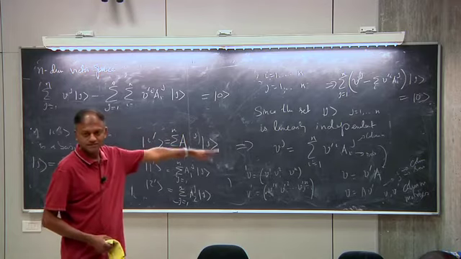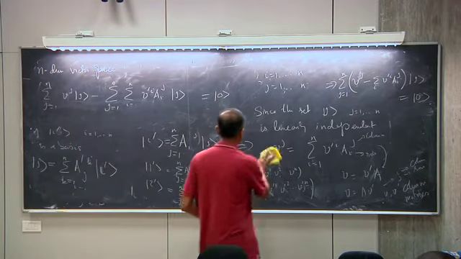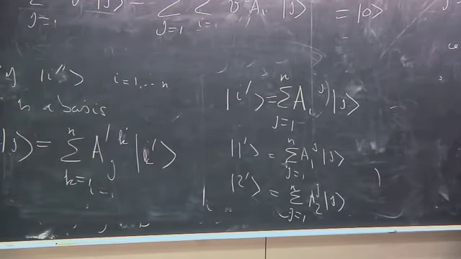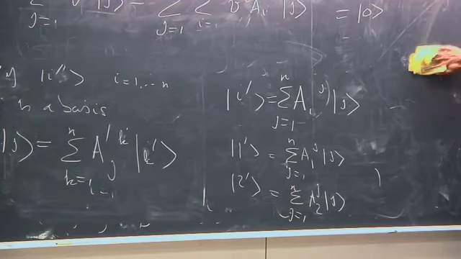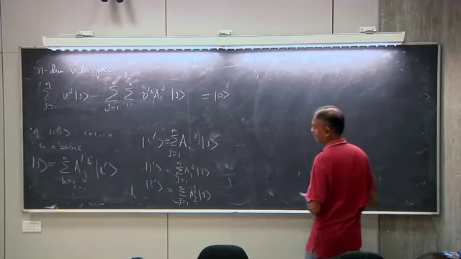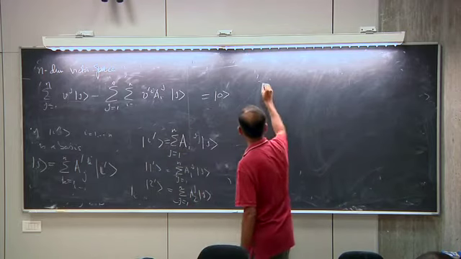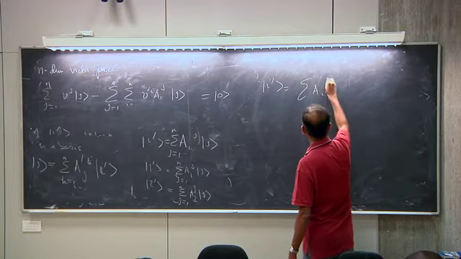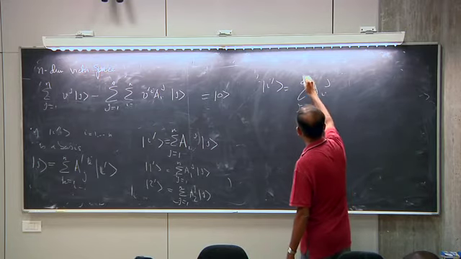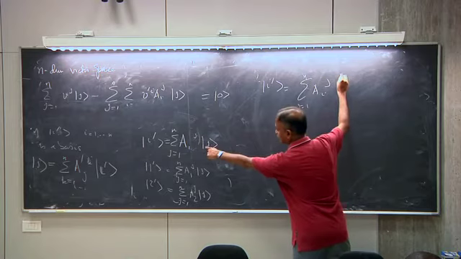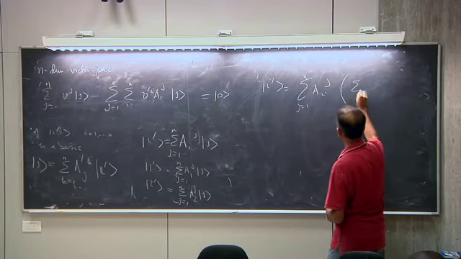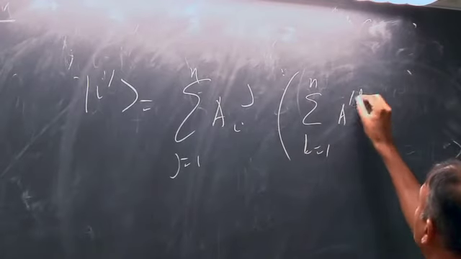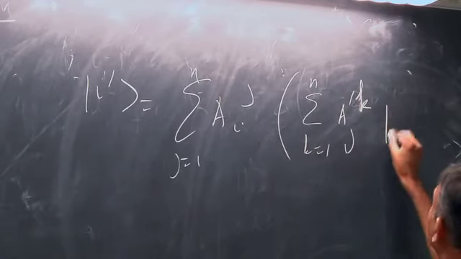I can erase this part now. Plugging this in here, you find I prime is equal to the sum of Aij, j equal to 1 to n, and then for j I write that expression, which is the sum over k equal to 1 to n of a prime jk, k prime.